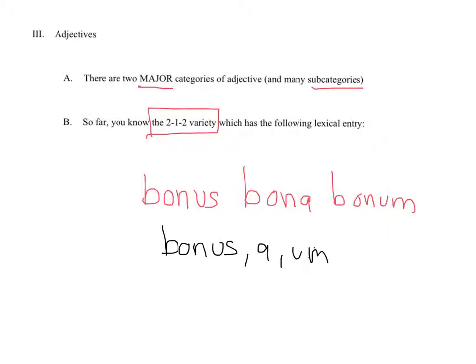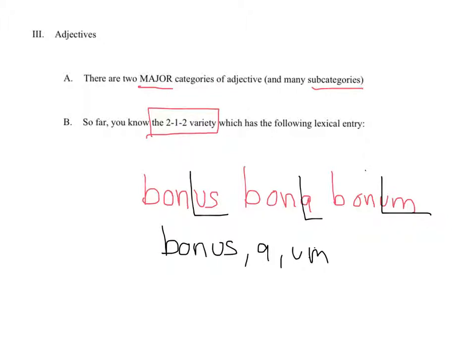Which is frustrating for the beginning student, but you do have to master it. They will abbreviate it by only showing the ending for the second and the third parts of that lexical entry. There's 3 parts to the lexical entry, but the dictionaries tend to abbreviate those.